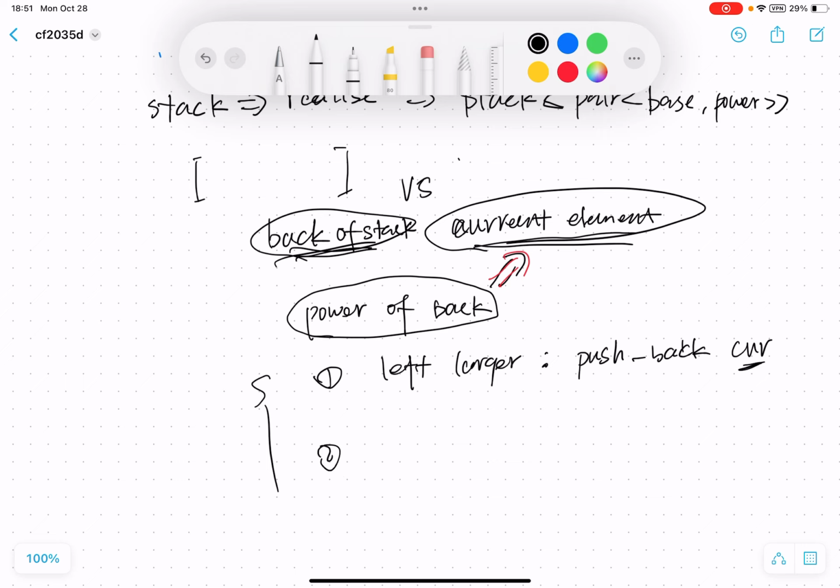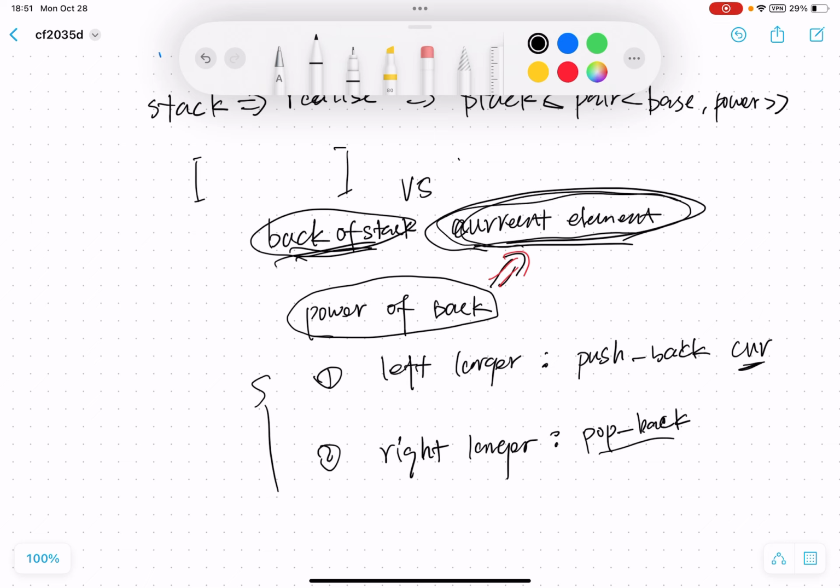In contrast, if the right is larger, we need to pop back the last element in the stack and replace it with the current element.